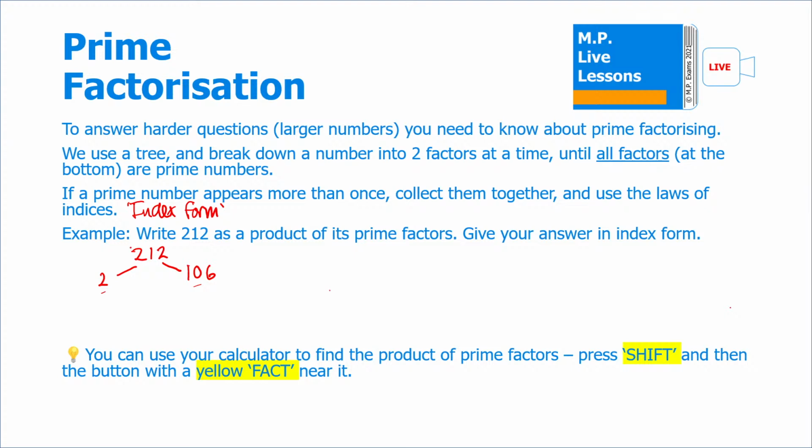I could then try 2 again. That gets 53. I'm sure 53 doesn't have any other factors because it's a prime number, it only has one in itself.